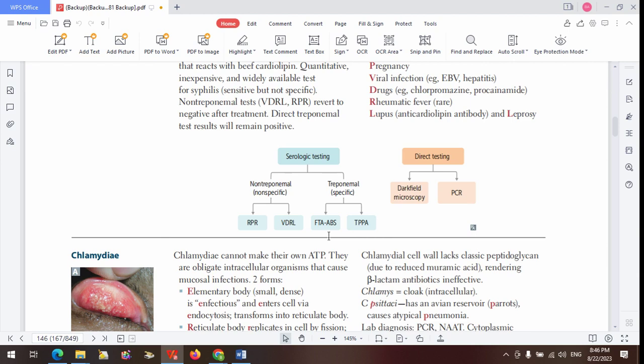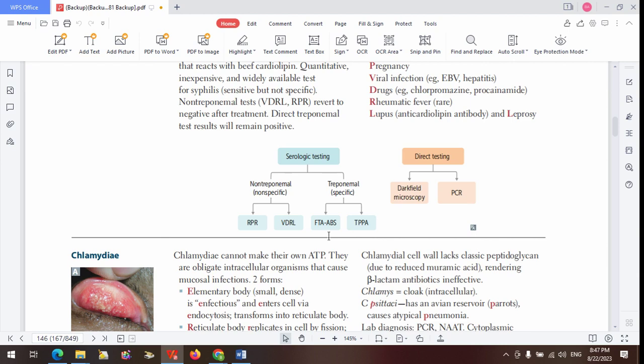So there's no way anything can cross-react with it. It is the whole organism that is the antigen. So they just get the dead syphilis organism, prepare it on the slide, then we introduce the serum of the person that contains the antibody.